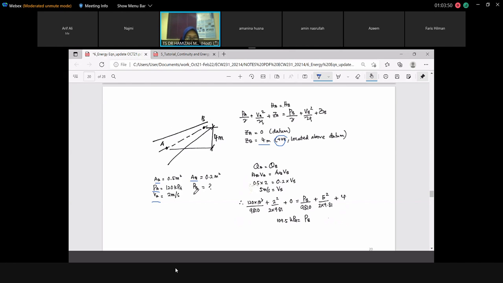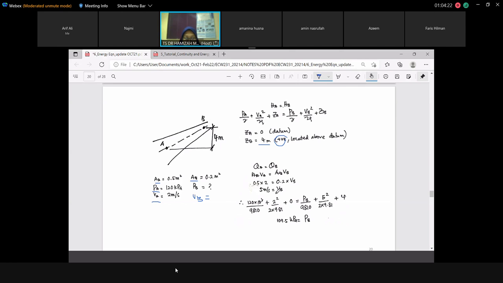We need to find the VB, sebab dalam energy equation ni kita ada kinetic. So kalau kita tak tahu VB, how we need to calculate the kinetic energy. So first do the continuity equation to get the VB, and then boleh substitute into the Bernoulli principle energy equation.